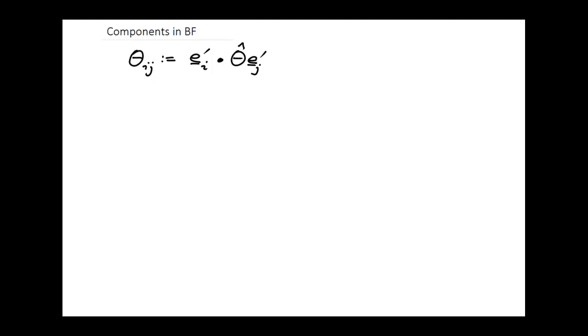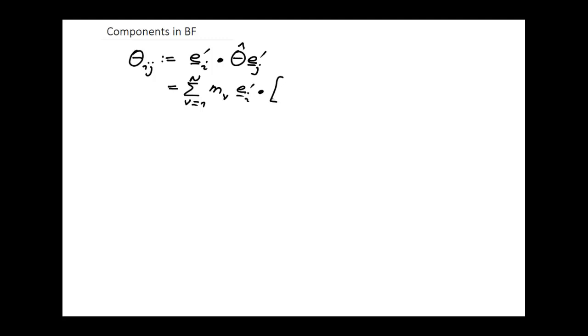We get a matrix element of the moment of inertia in that particular frame. Let's insert the expression for the moment of inertia that we had found on the previous page. We obtain a sum over all nu from 1 to n. We have the mass m nu, e_i prime, scalar product.